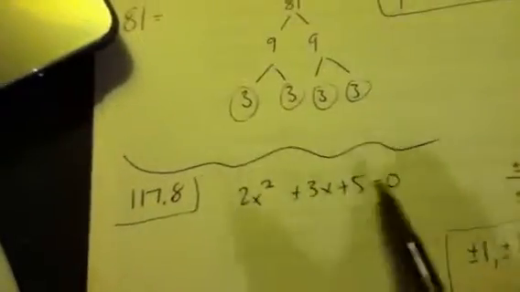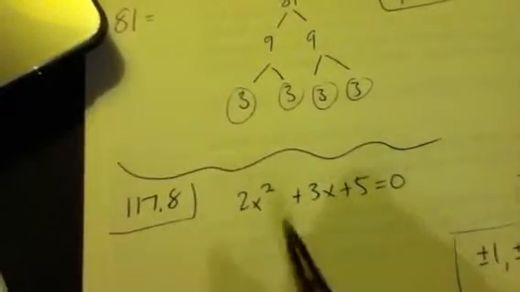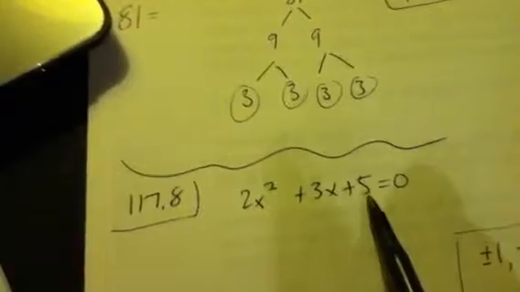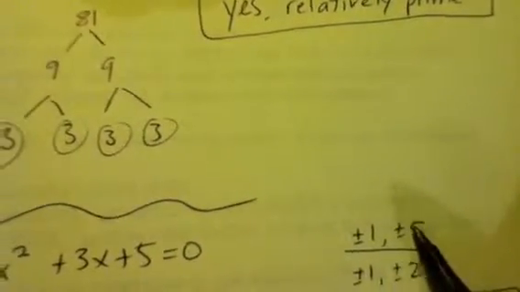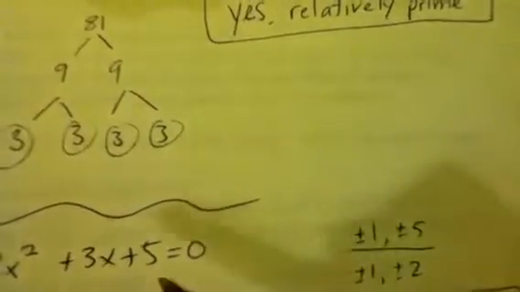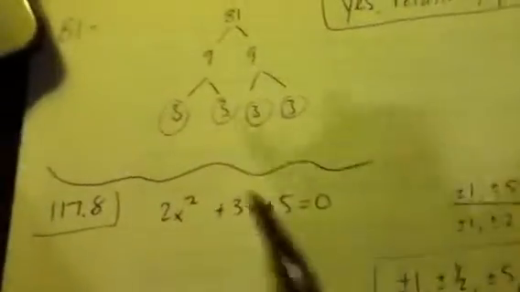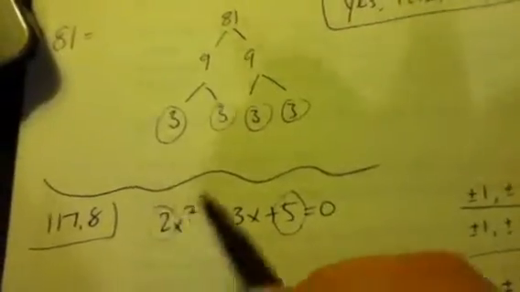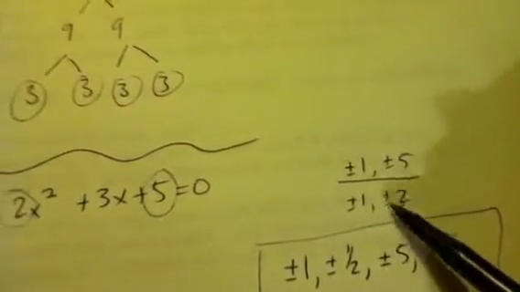Okay, here's rational root theorem. I'm supposed to list all the rational roots, in other words, all the things that might possibly go evenly into this. So what I do is I take the factors of 5, which are ±1 and ±5. Because I can go +1 times +5 and make 5, or I can go -1 times -5 and multiply to make 5. And then I'll make a fraction bar, and over it all of the factors of the lead coefficient, the highest degree term, which is 2, so that's ±1 and ±2.